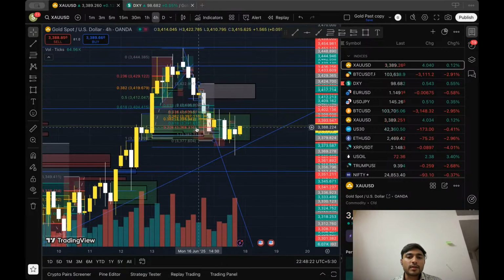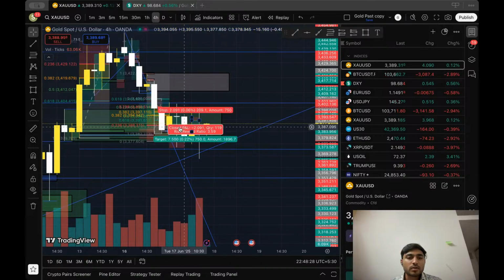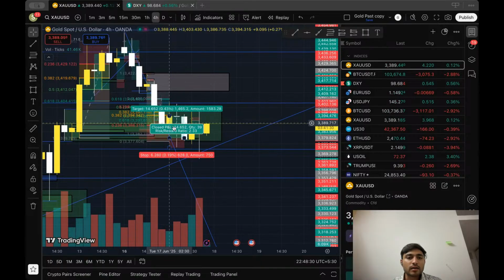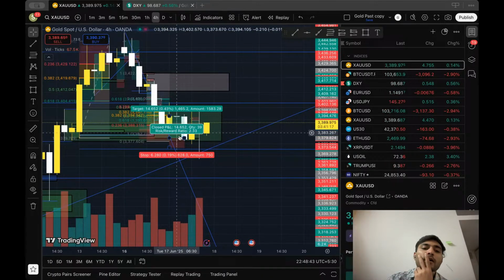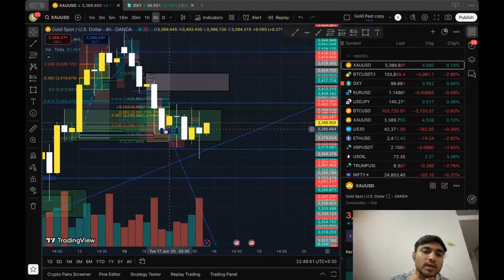So see, after this we had an order block form, a bearish order block. This candle has formed, this is a green candle. Then we had this candle where opening and closing are the same, and after that we have a closing over here, which made this an order block. You know what an order block is, right?